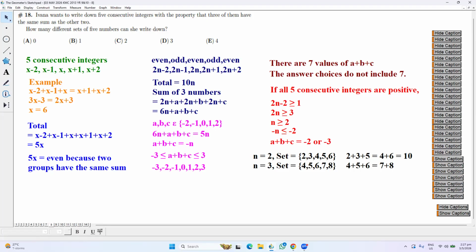The first is when there are 5 integers, we choose 3. 5 choose 3 or 5 choose 2, there are 10 ways of choosing. And then there are 7 values only. So we want to see what is the actual situation, what is the nature of the question.